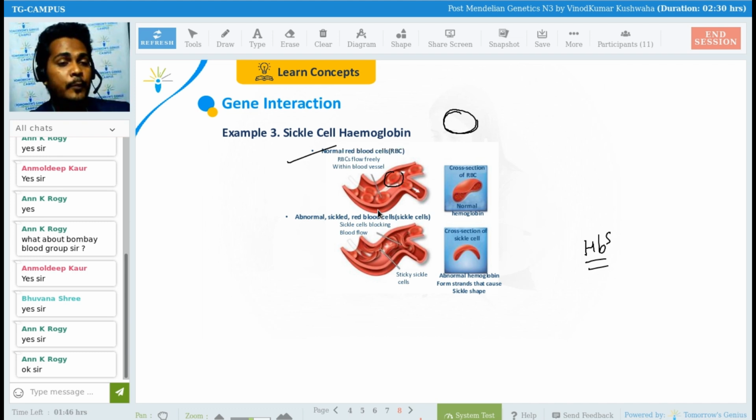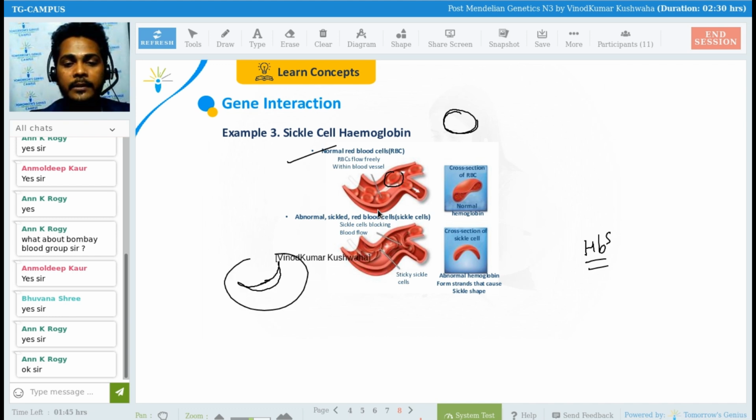But in sickle cell conditions, abnormal sickled red blood cells block the blood flow. You can see the structure is somewhat like a sickle. Because of this, it blocks the vessels and the flow of blood. It is an abnormal hemoglobin that forms a strand that causes this sickle shape.